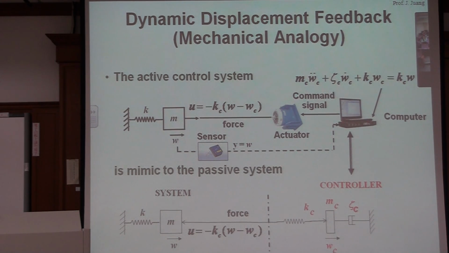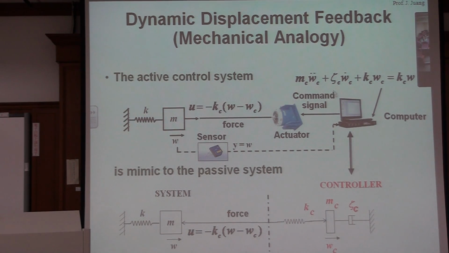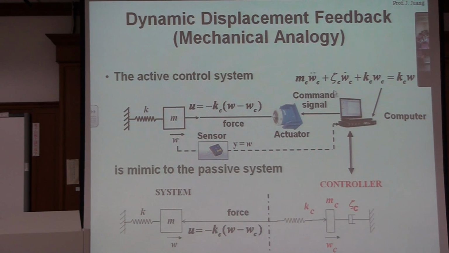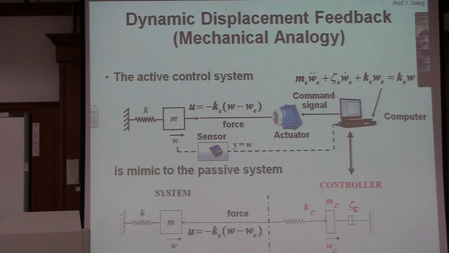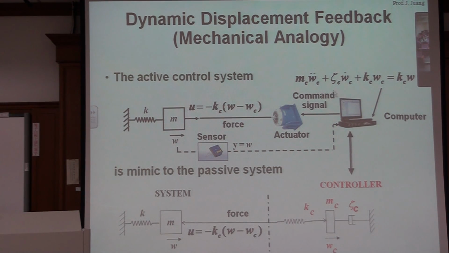So if you have displacement only, you need to either differentiate it or add dynamics to your system, adding also a virtual displacement. Okay? Understand now? So that's the importance of dynamics.